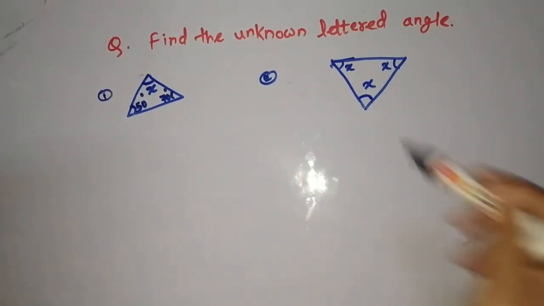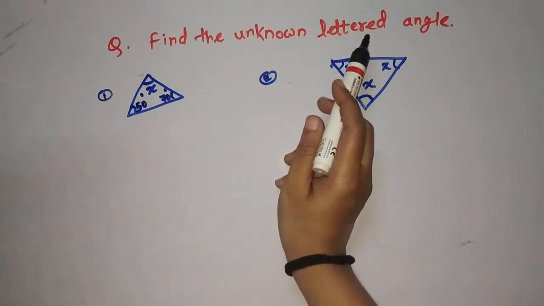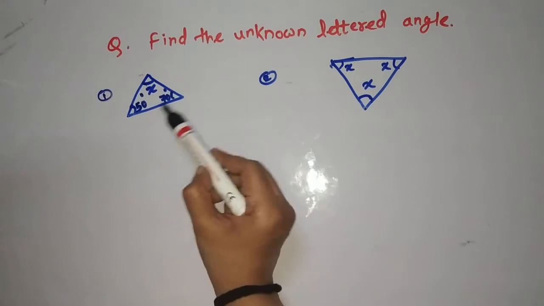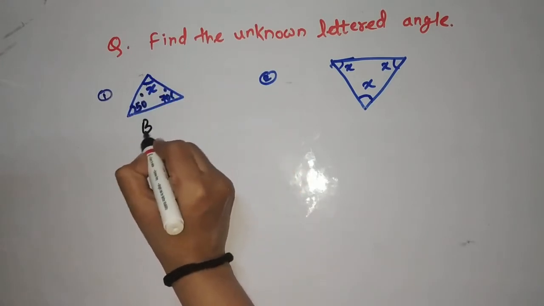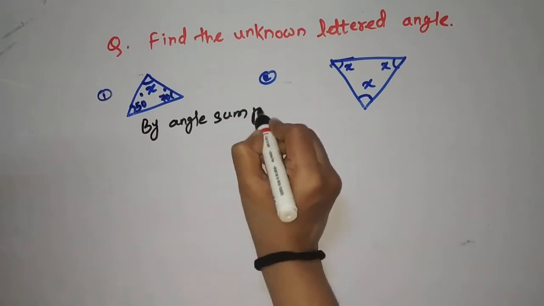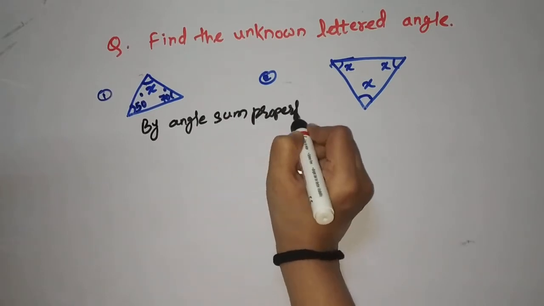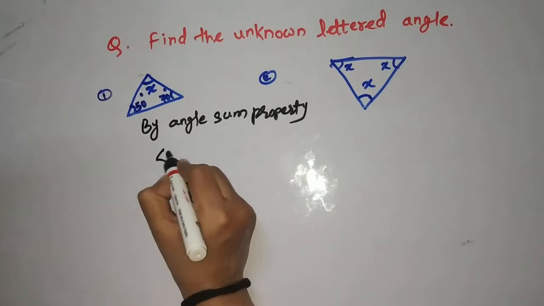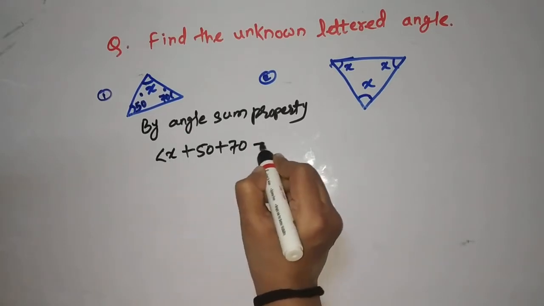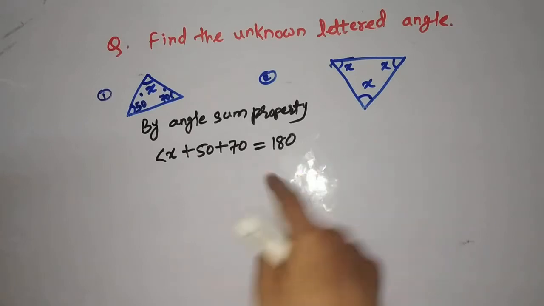So friends, now the next question is to find the unknown lettered angle. The unknown letter is here X, and we have been given the remaining two angles. We know that by using the angle sum property, which says that the sum of the three interior angles in a triangle is 180 degrees. In our last video, I explained its proof also.